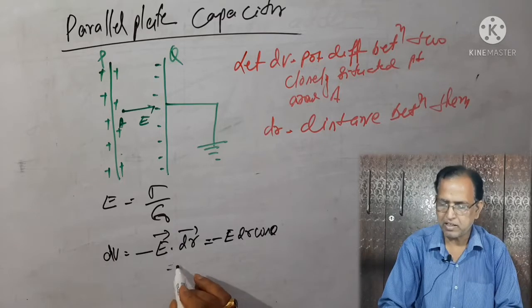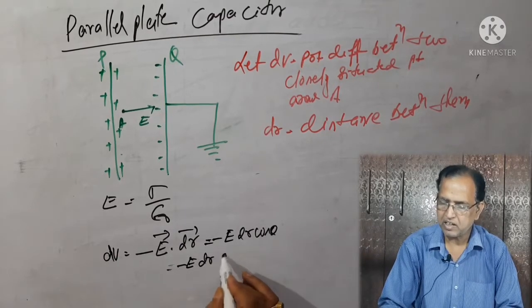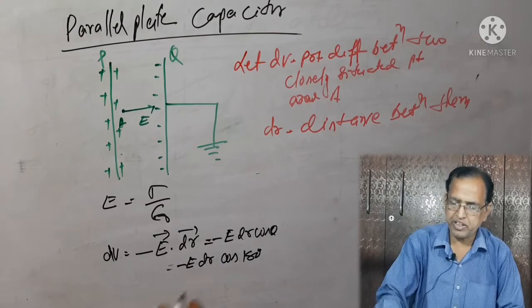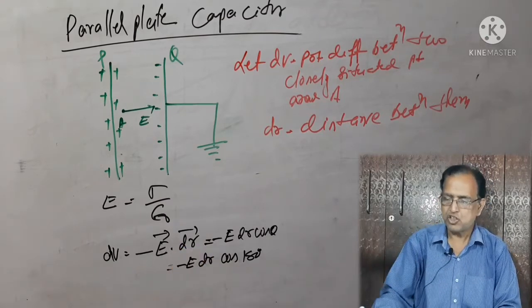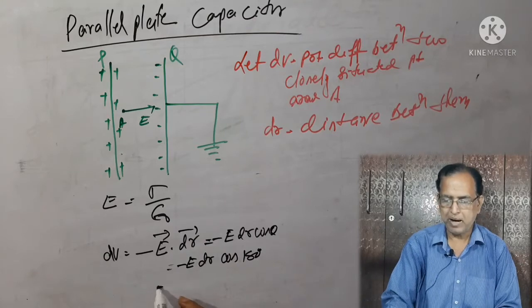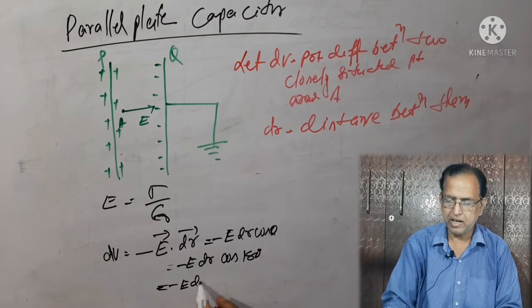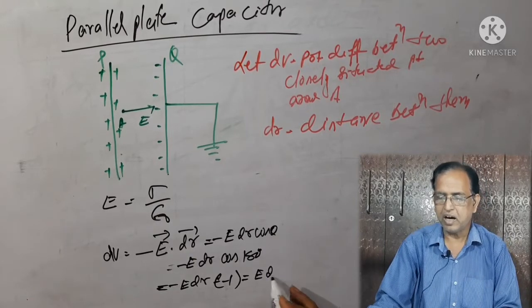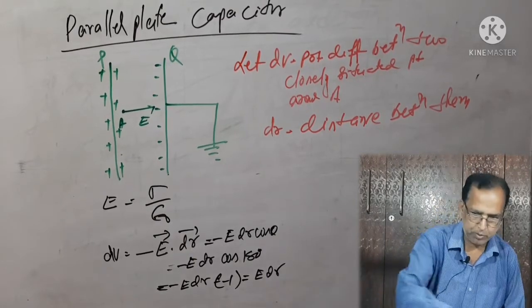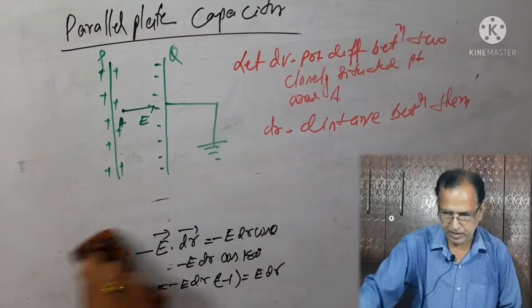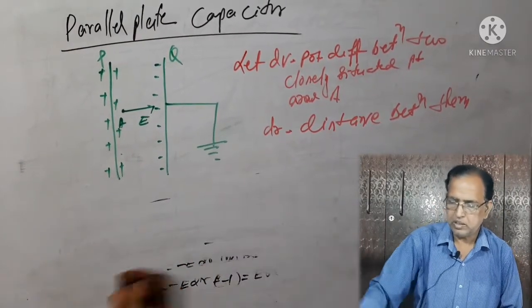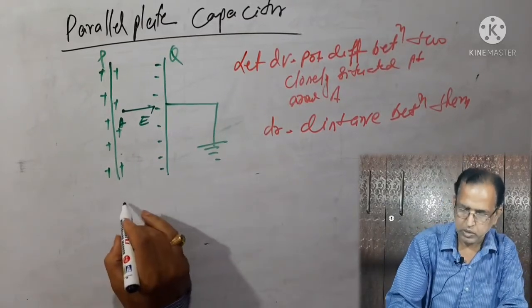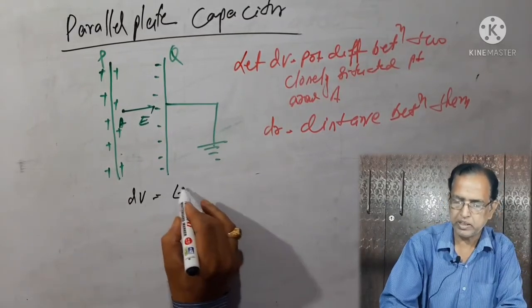So, that is equal to minus E dr cos 180 degrees. Cos 180 is minus 1. So, minus E dr into minus 1 is E dr. So, potential difference dV is equal to E dr.